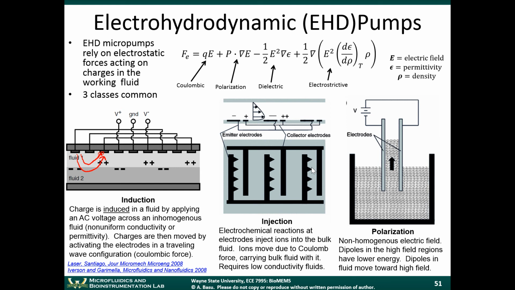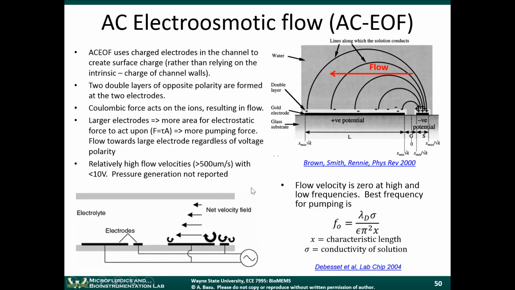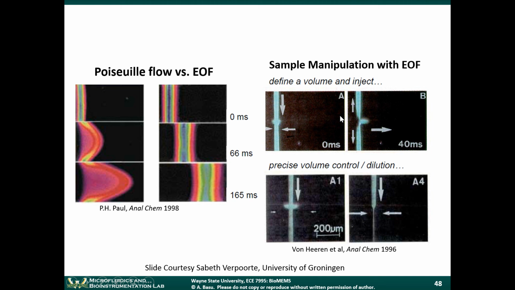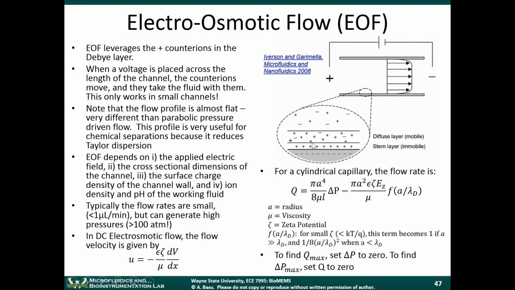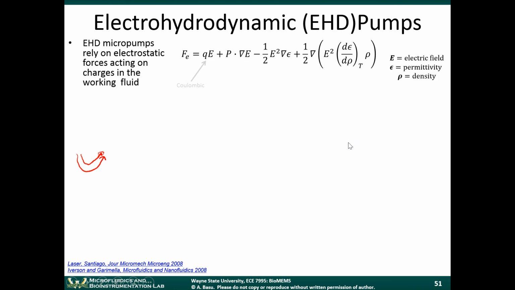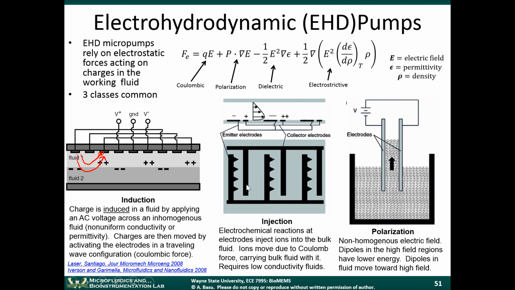The next thing is the injection type pumps. Now, when we were talking about electro-osmotic flow, we generated these charges in the liquid just by virtue of the interactions of the liquid with the surface of the channel. Now here, what's happening is we're actually injecting charges into the liquid. So there's two things happening here.